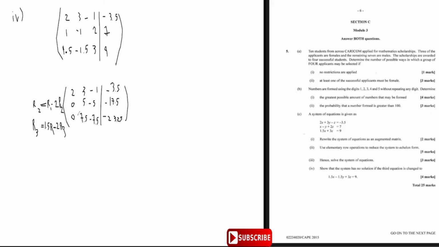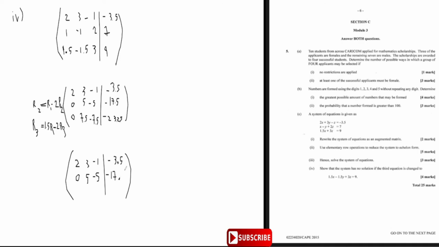Now the next thing is we need to get this to be a 0, so we'll get a lower echelon matrix. To get this to be a 0, remember we write back row 1 and row 2. So we write back row 1, which was 2, 3, minus 1, minus 3.5, and we have 0, 5, minus 5, minus 17.5.